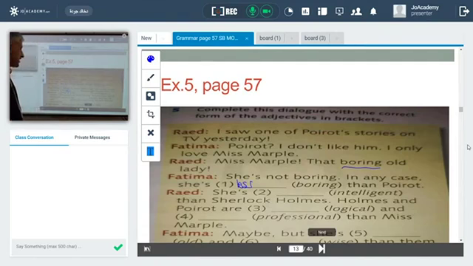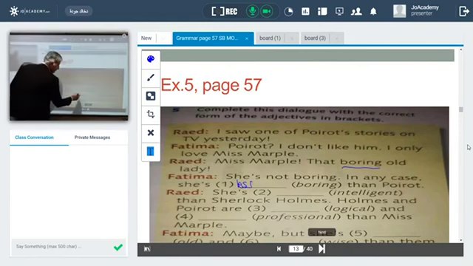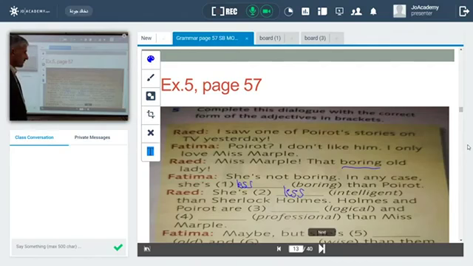Right, she is intelligent than Sherlock Holmes. Here Ra'id says she is, Miss Marple, less intelligent, because he likes Sherlock Holmes. She is less intelligent than Sherlock Holmes.